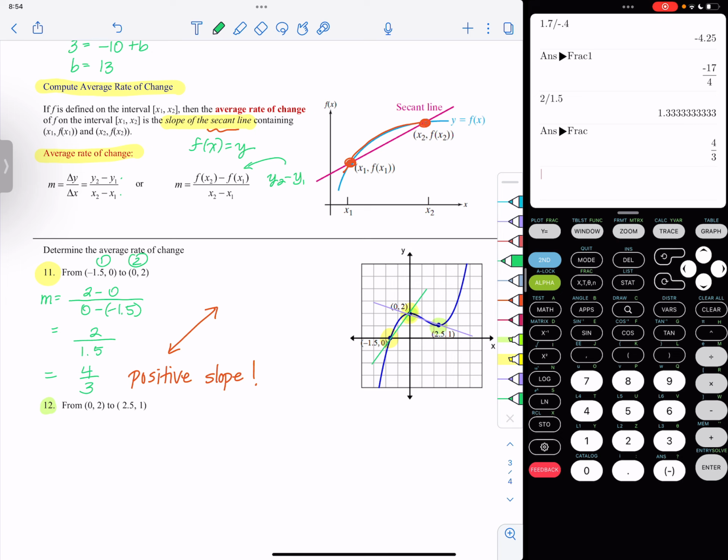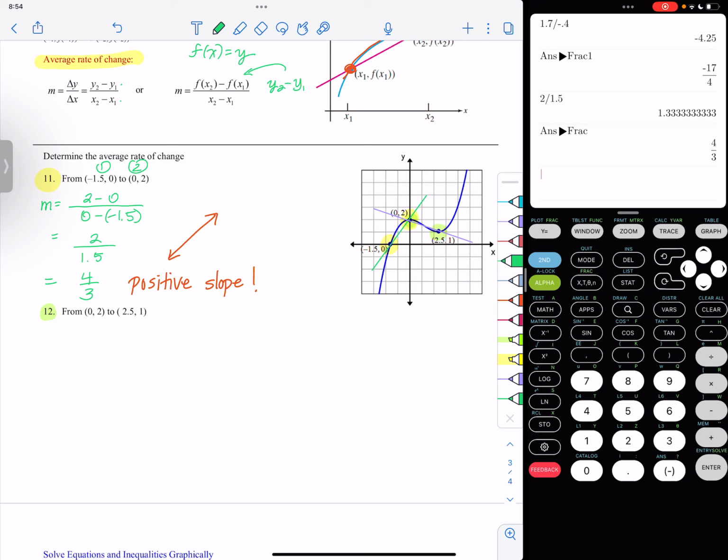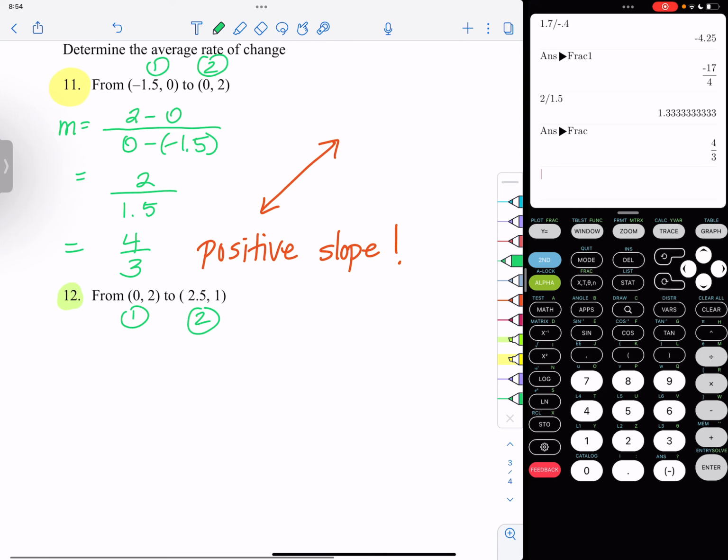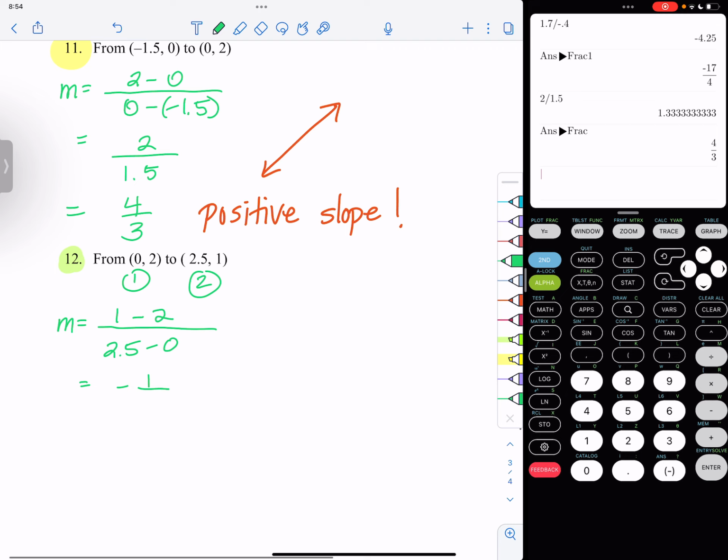So now we have point 1 and point 2. We have the slope is 1 minus 2 divided by 2.5 minus 0. And we have a negative 1 divided by 2.5. So the opposite of 1 divided by 2.5. And we will math fract that.